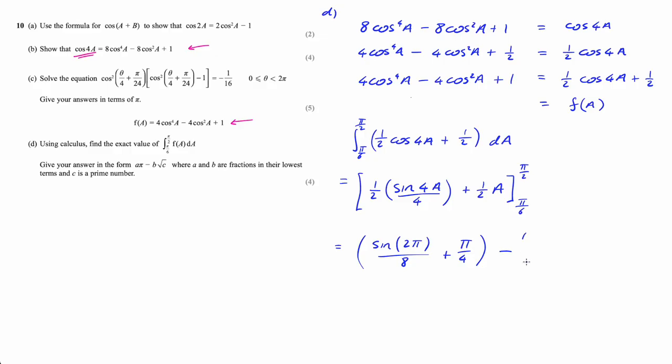Now I'm going to sub in pi over 6. So it's a half, oh sorry, I'll do that over 8 again. So it's sine 4 pi over 6, sine of 4 pi over 6 all over 8, plus a half times pi over 6 is pi over 12.